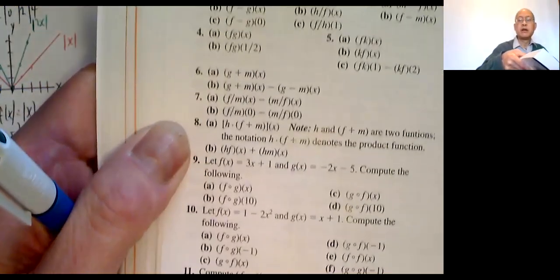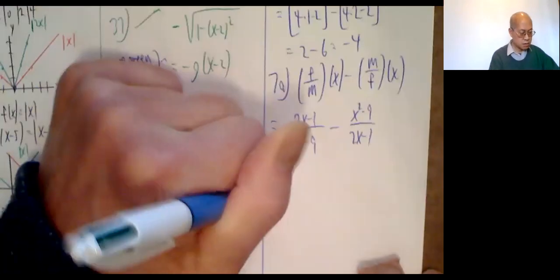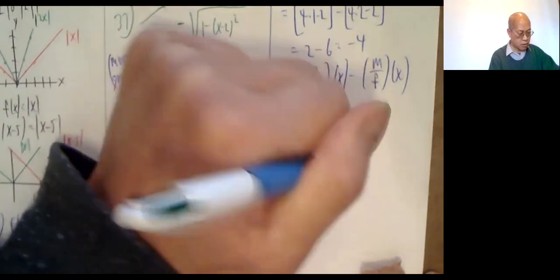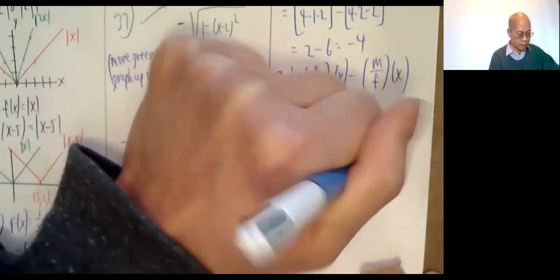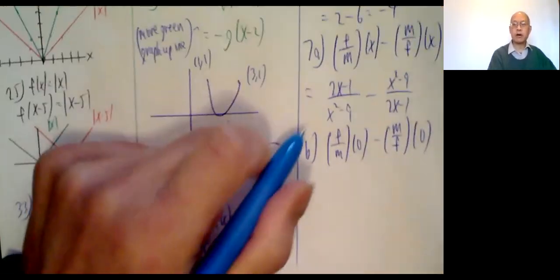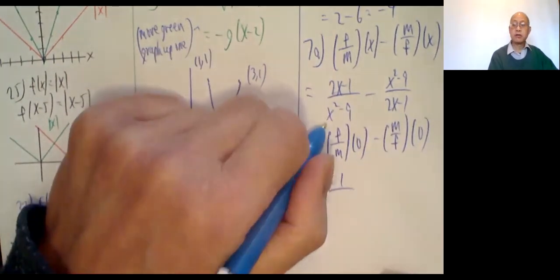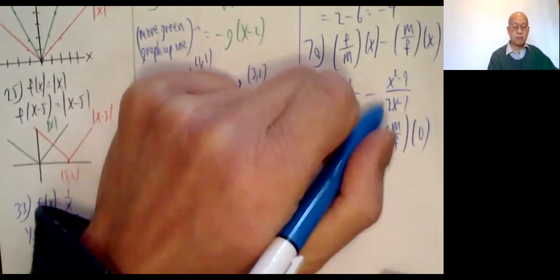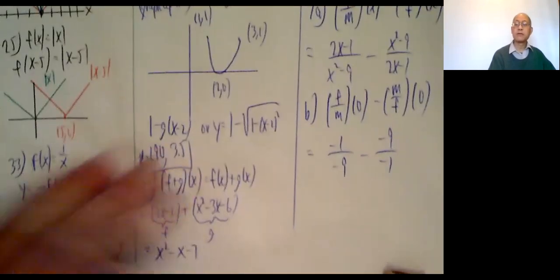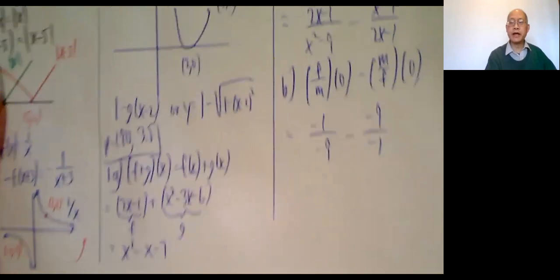Part B, plug in 0 to that expression. So f over m of 0 minus m over f of 0. I just plug in 0 everywhere. So 2 times 0 minus 1 is negative 1. Put a 0 there, that's negative 9. Minus negative 9 over negative 1. 5 negatives, a quintuple negative, I guess.